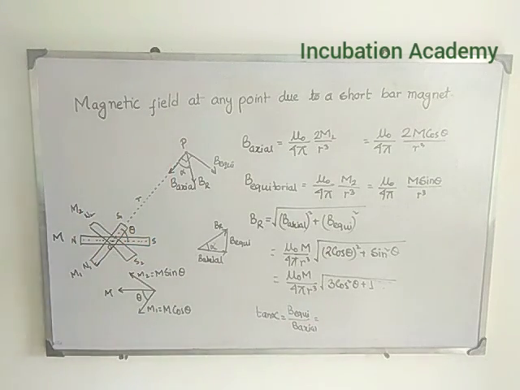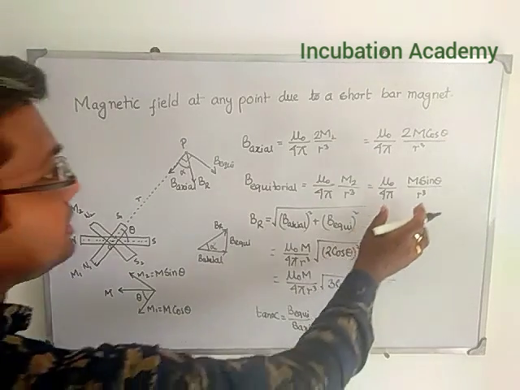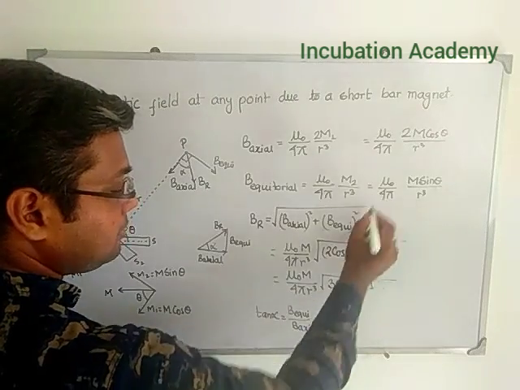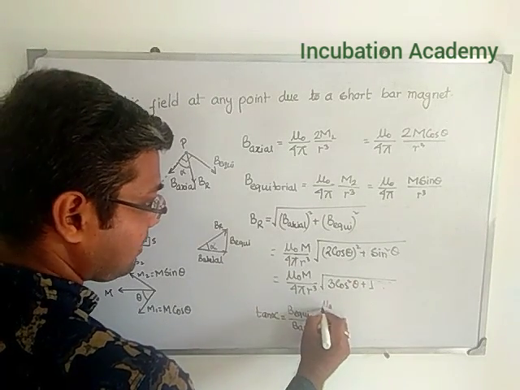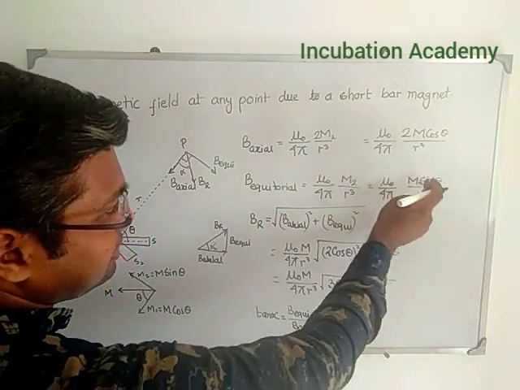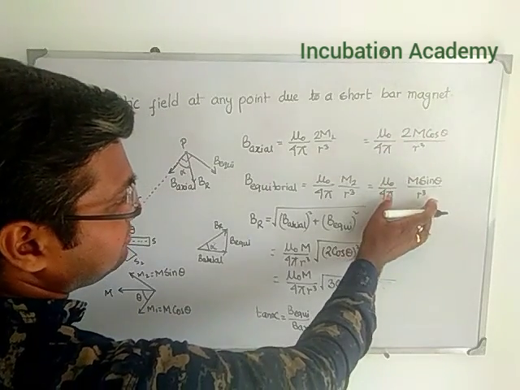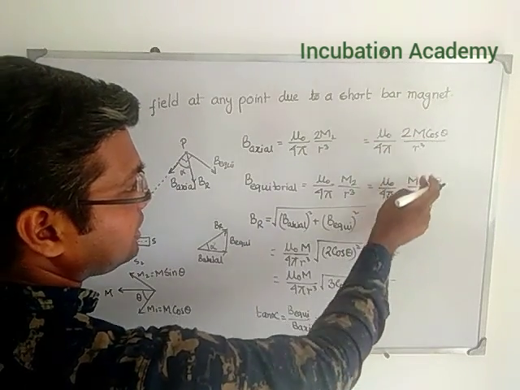Okay. So if I put the values, B equatorial divided by B axial, that is perpendicular divided by base. B equatorial is this mu naught by 4 pi, and all the things are the same. Here is 2 cos theta, here is m sin theta.